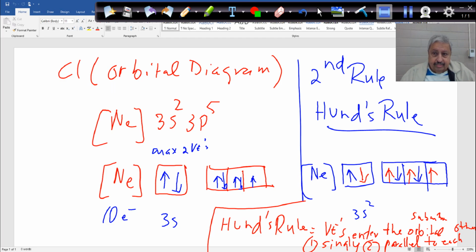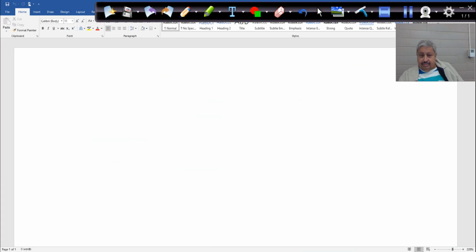So let's take this one out. Can I take it out? We have still plenty of time. That's good. Let's take it out. Now look at the Lewis structure. Do we have a Lewis structure just only for covalent compounds? No, we have it for covalent compounds as well as for ionic compounds.